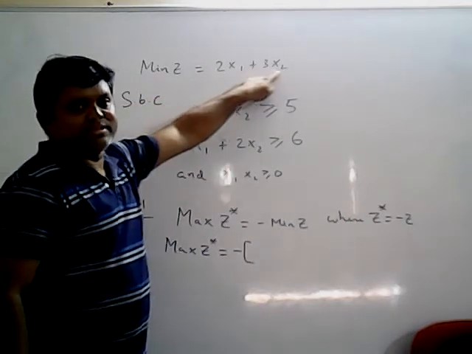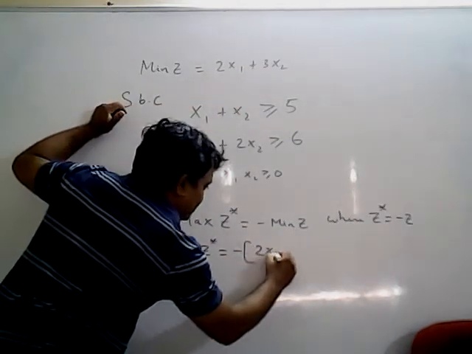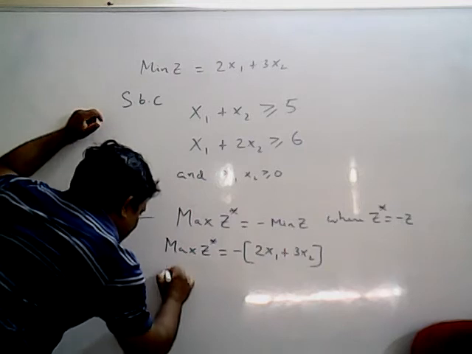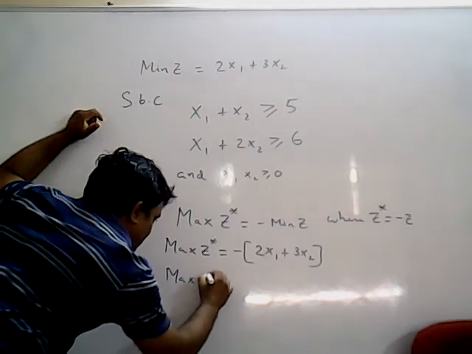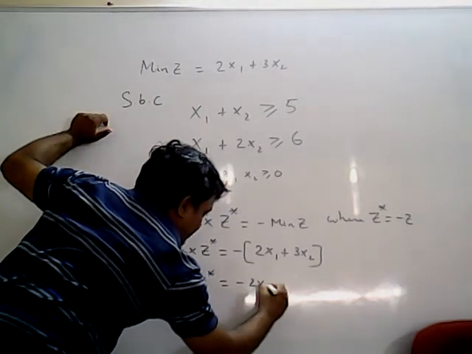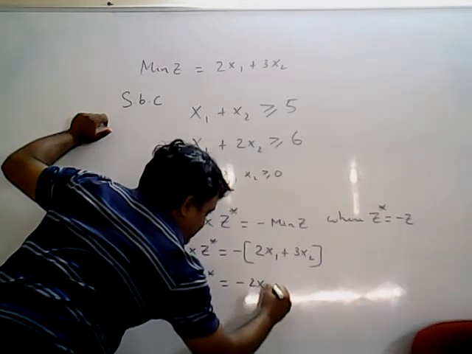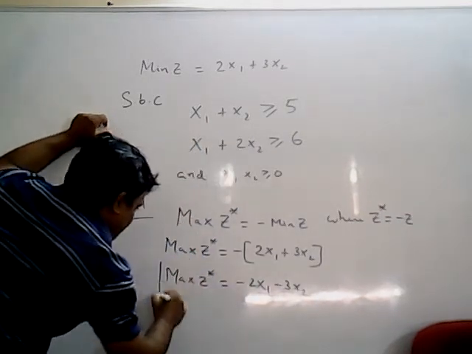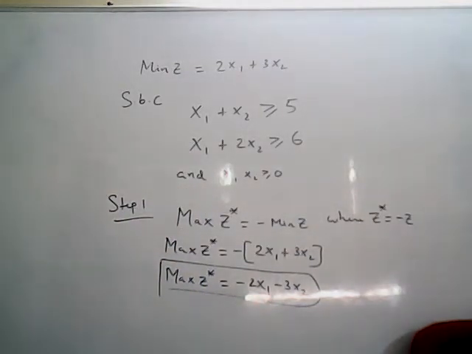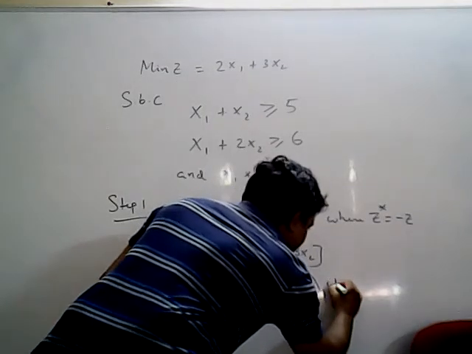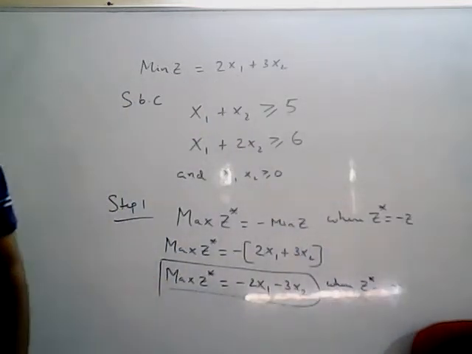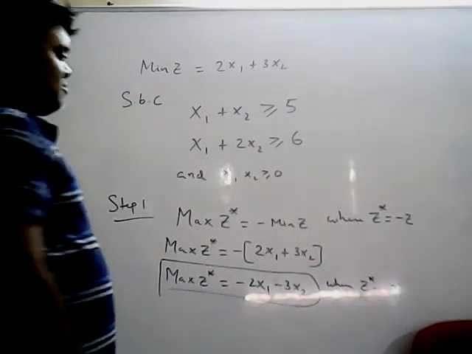What is the minimum z value? This is the minimum z value. What is the minimum z? 2x1 plus 3x2. That means what you will get? You are getting maximum z star equals minus 2x1 minus 3x2, where z star equals minus z.